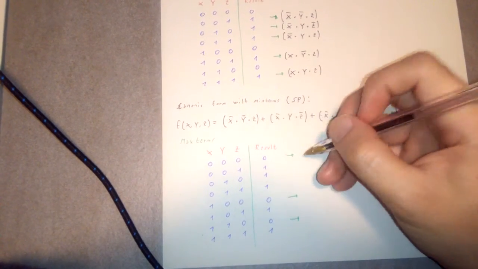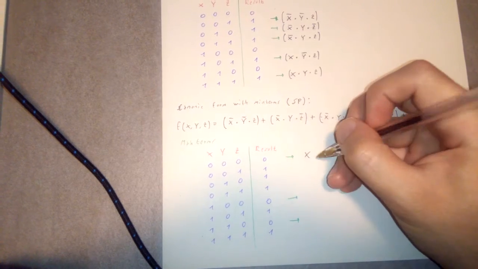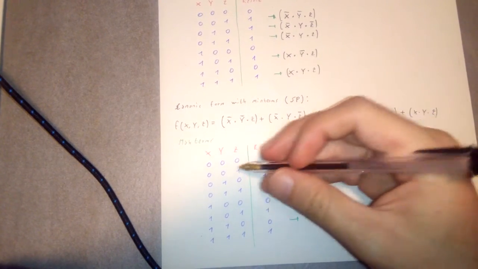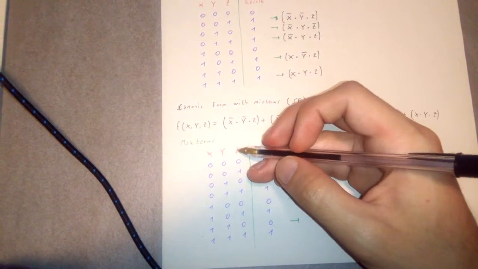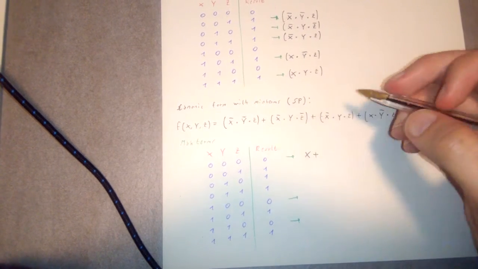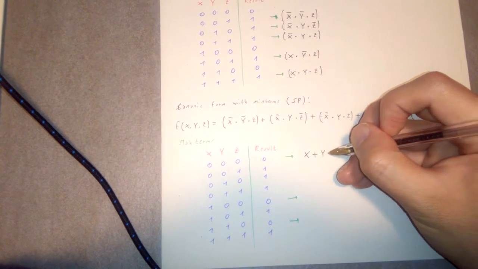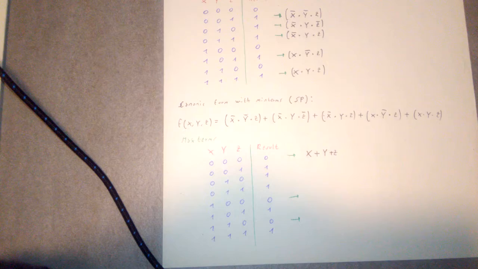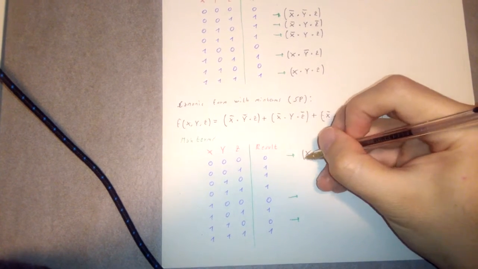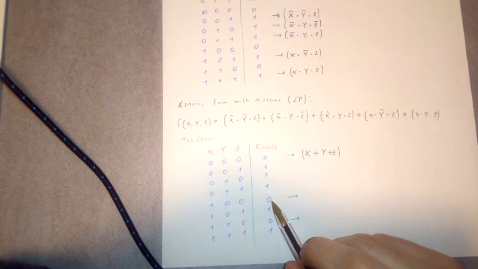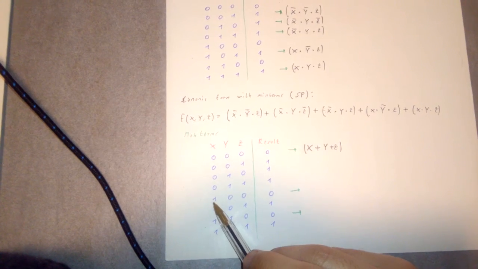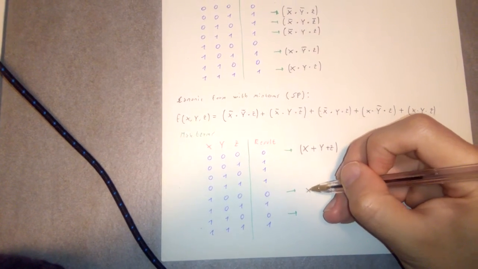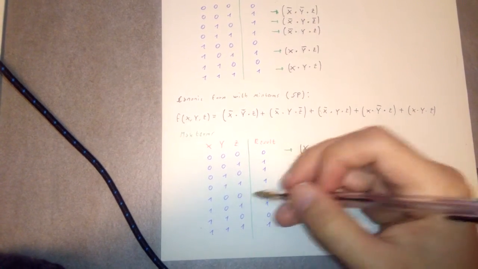So x is indeed 0, y is indeed 0, and z is indeed 0. So x plus y plus z. Now here we have x, which is 1, so not x plus y plus z.